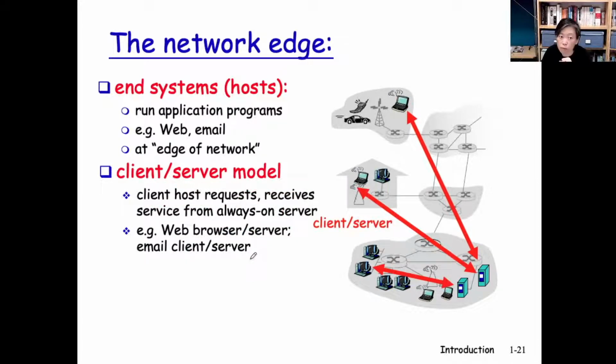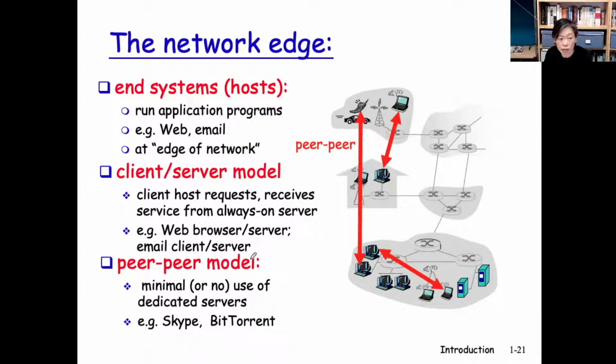There's another way of communicating between the applications running on the end systems, called the peer-to-peer model. The idea there is to get away without this always-on server. Now, imagine setting up a web server yourself and allowing thousands and maybe millions of clients in the world to access it. You do need a lot of money to maintain it.